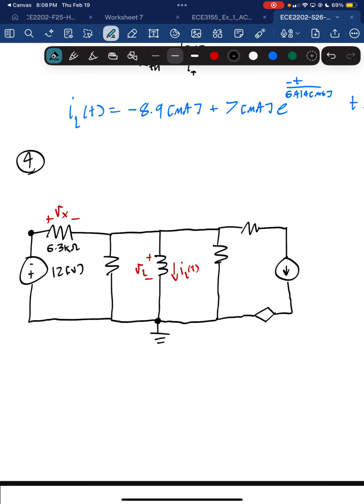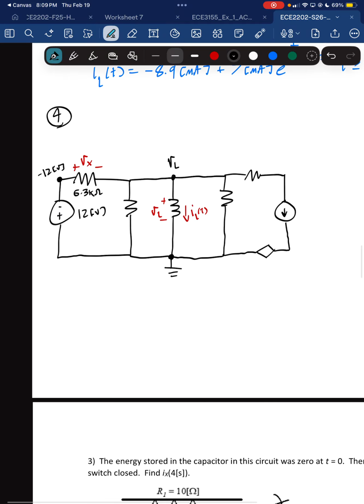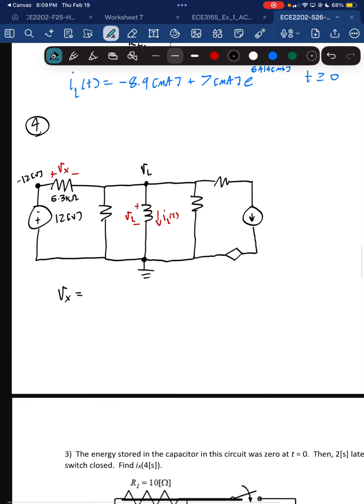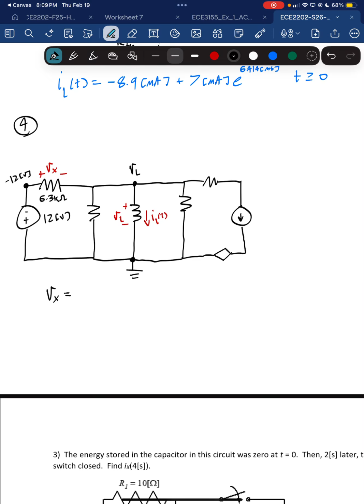That means this node right above our battery is negative 12 volts. And this node at the top is VL. So what would Vx here be in this case? Negative 12 volts minus VL. Exactly.